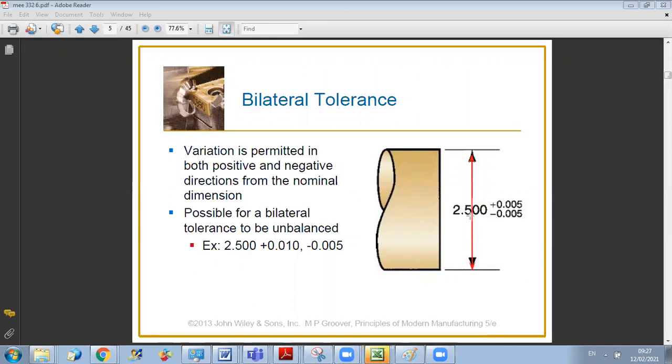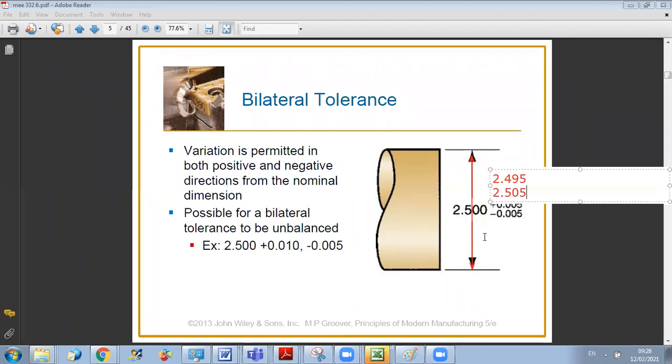So the final diameter can be 2.495, or it can be 2.505.